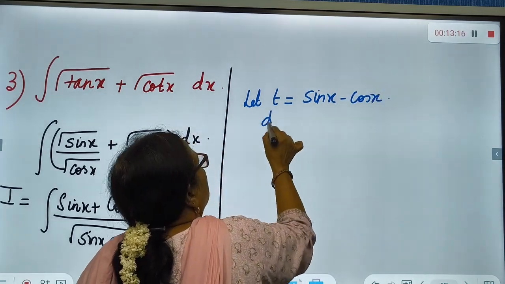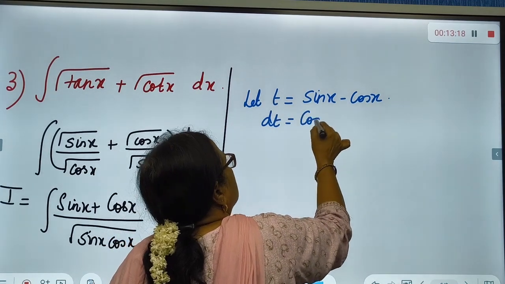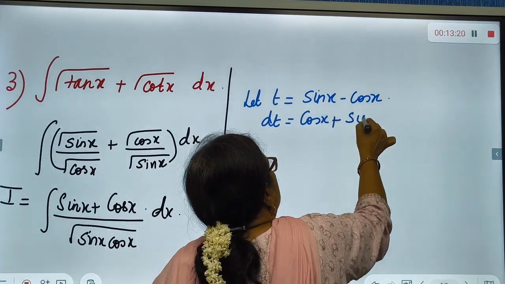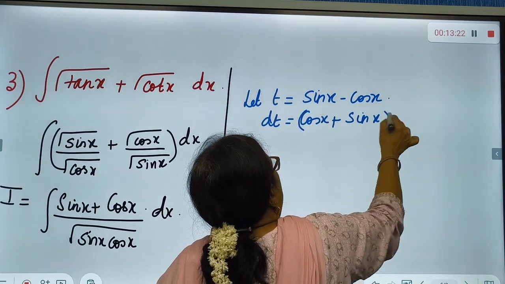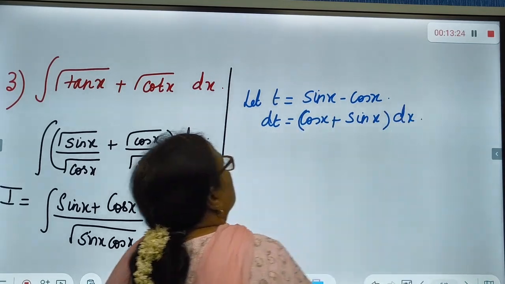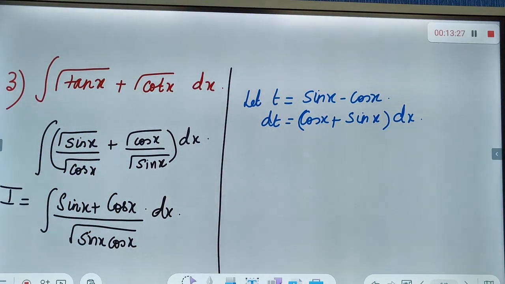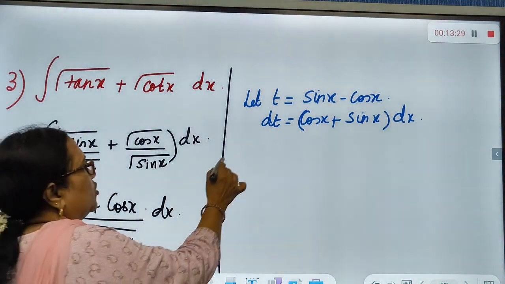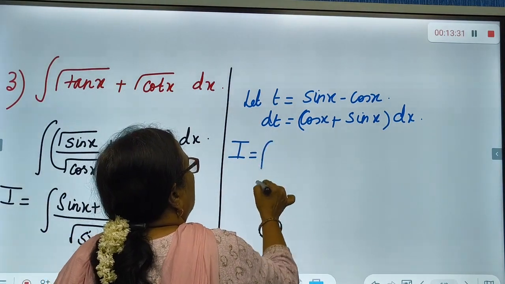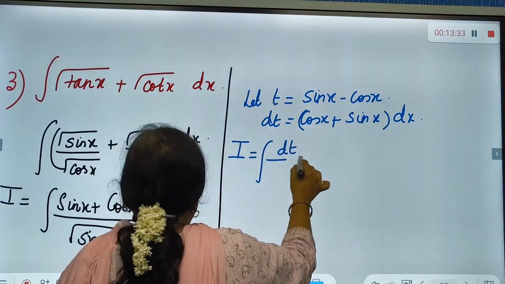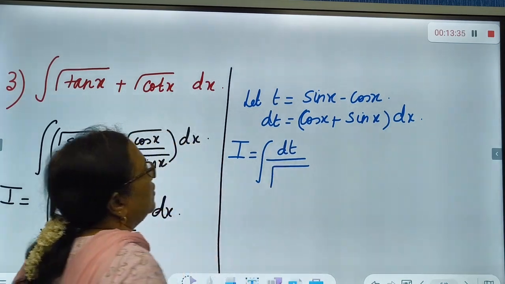Then what will be dt? Cos x plus sin x dx. So cos x plus sin x dx will be dt. So I will be integral of dt by root of.